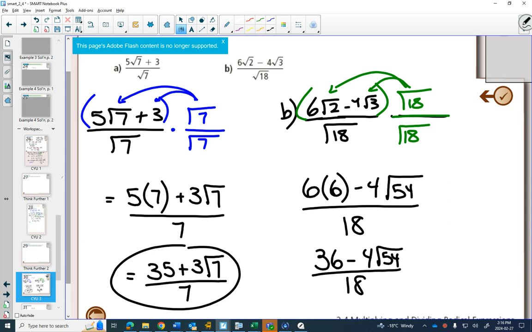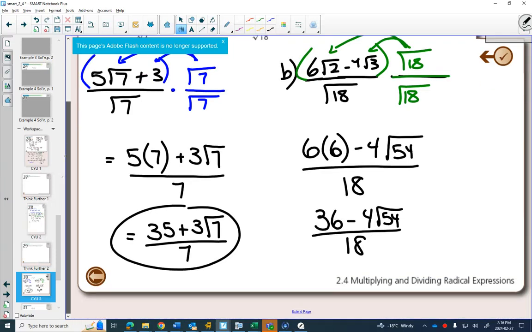Am I done? No. This is not in lowest terms. It is not in lowest terms for 2 reasons. Reason number 1 is you have a square root. Is this in lowest terms as a mixed radical? No. 54 is 9 times 6. So I can change that.